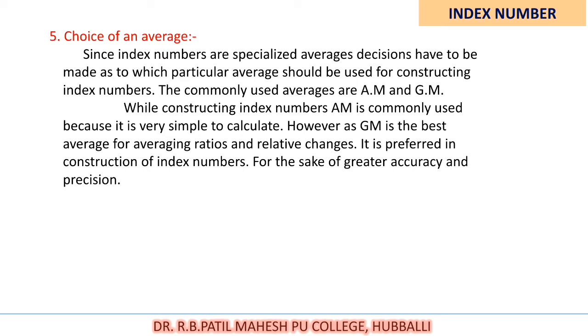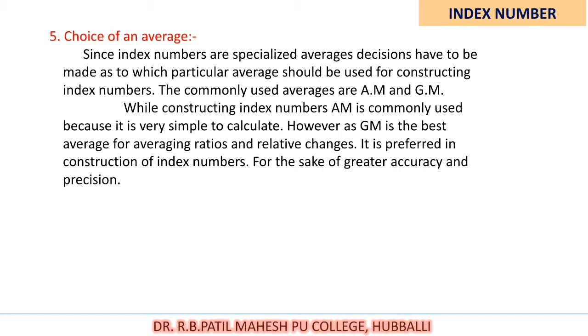The commonly used averages are AM and GM. While constructing index numbers, we use arithmetic mean, because it is commonly used, simple to calculate and easy to understand.